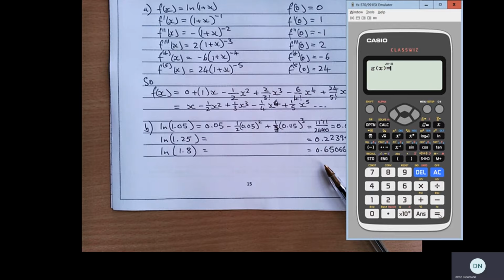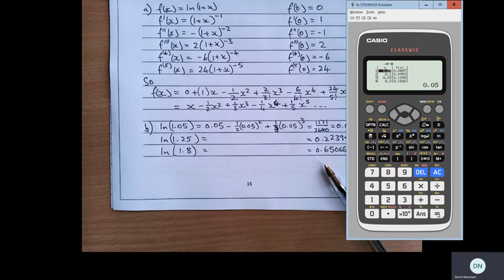We're not going to define our function g, but then we're going to put into this table the values of x that we're interested in. So that is 0.05. We want it to go up to 0.8, and the step needs to be 0.05 as well. And if we do that, we can get these values straight away.